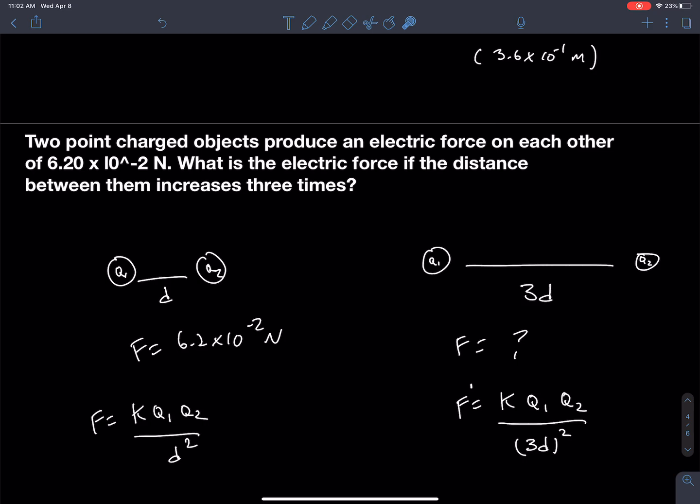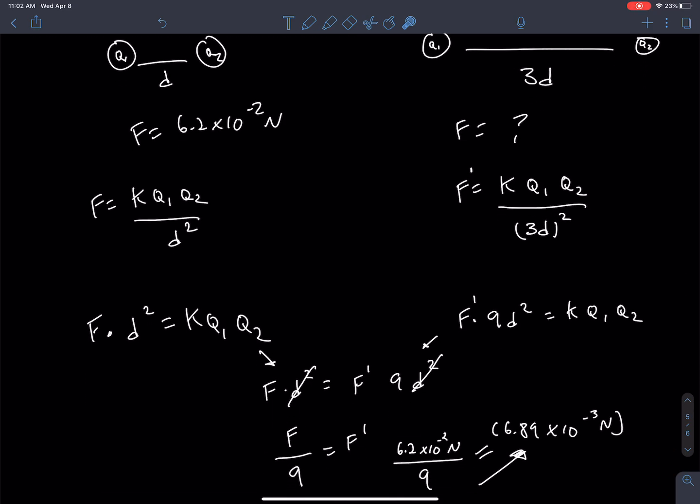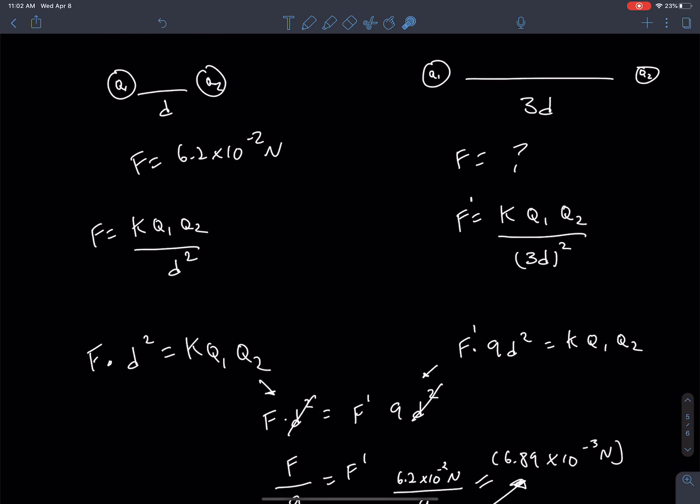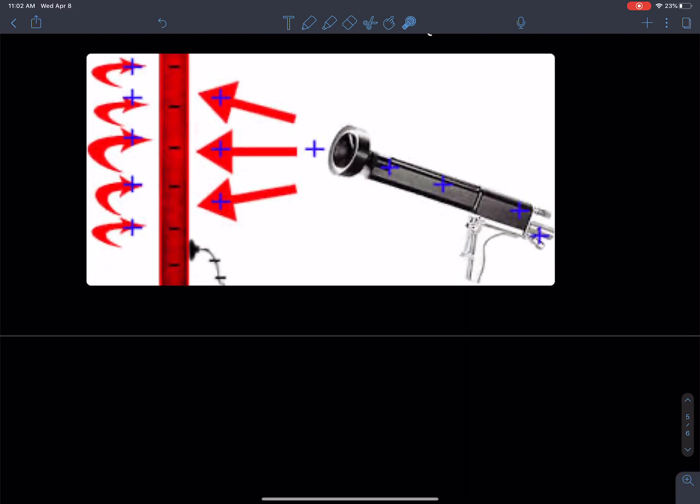After setting up those relationships, I could then use substitution and move things over. So the original force divided by 9 is equal to F prime, the diminished force, and then I was able to calculate that. That's just one level of difficulty harder.